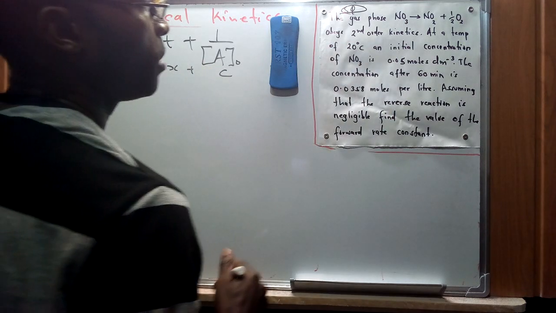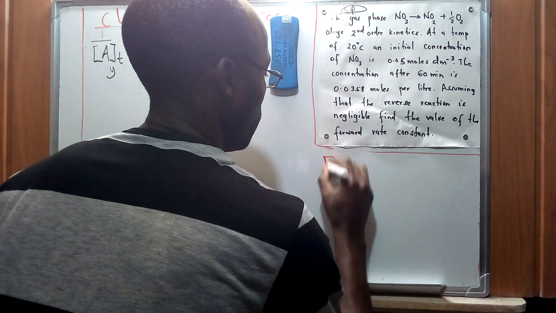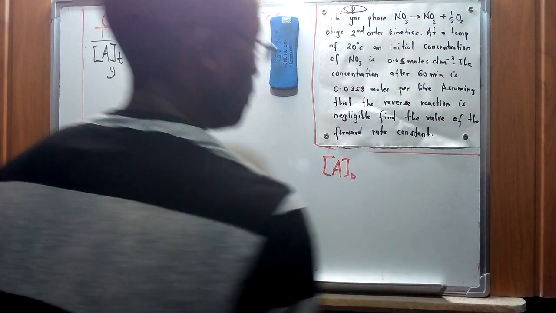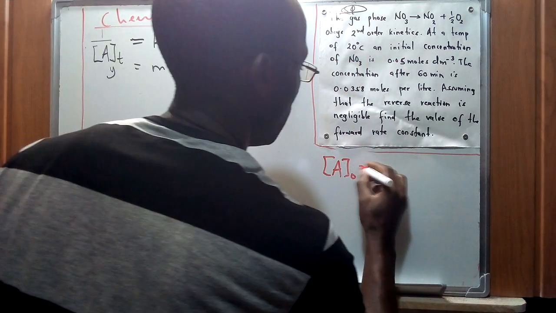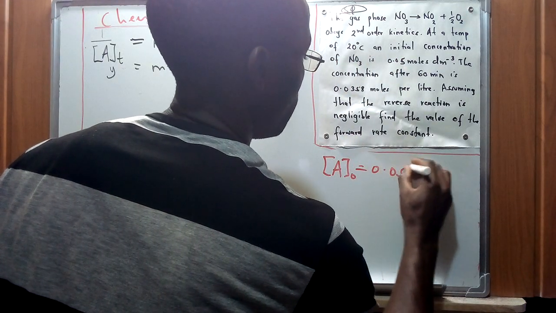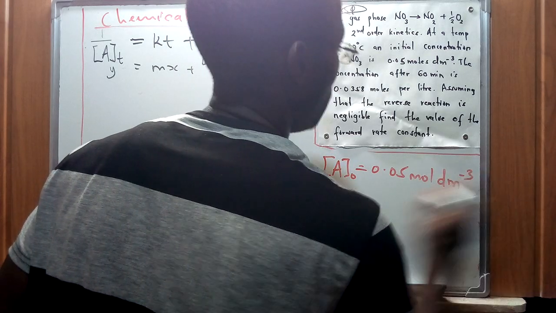At a temperature of 20 degrees centigrade, we have been given an initial concentration of nitrogen of 0.05 moles per decimeter cubed.